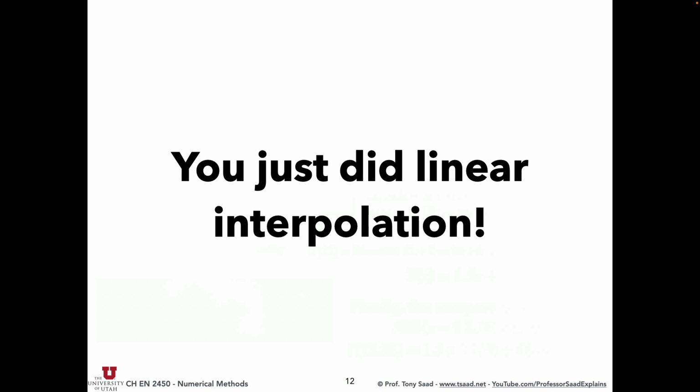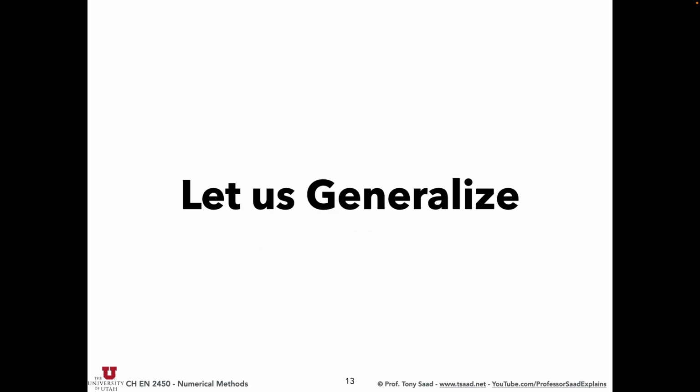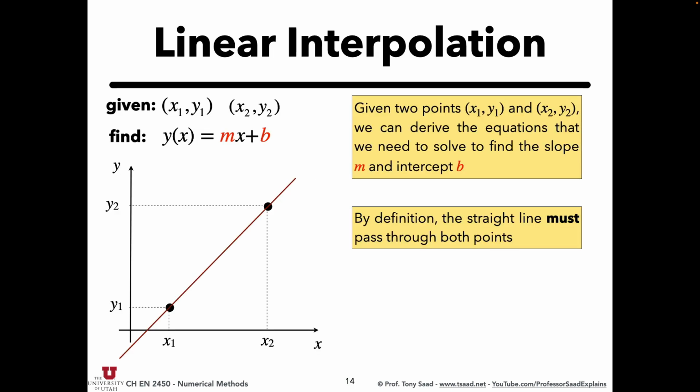We want to generalize this now. So in general, given any 2 points, I'm abstracting this. I always use x for the independent variable and y for the dependent variable. I could swap them to mess with you, and that shouldn't matter.